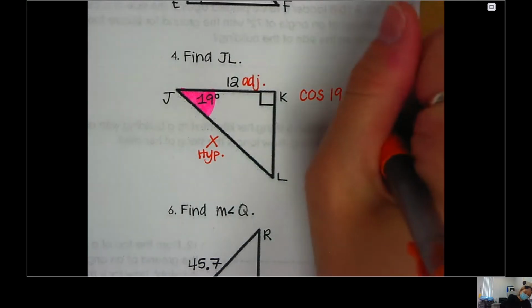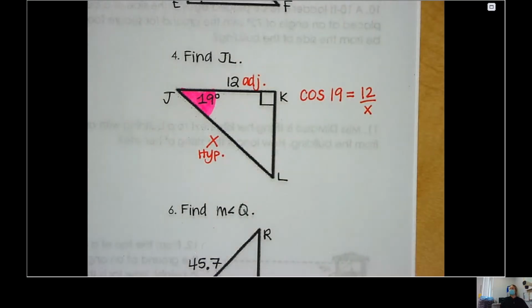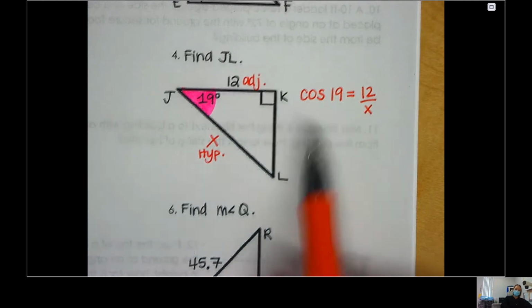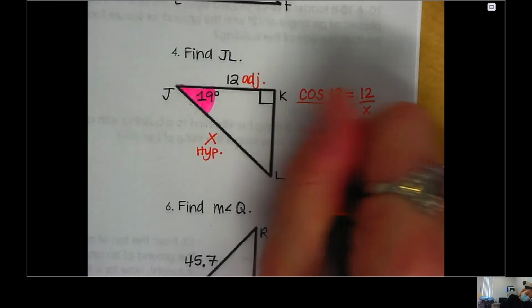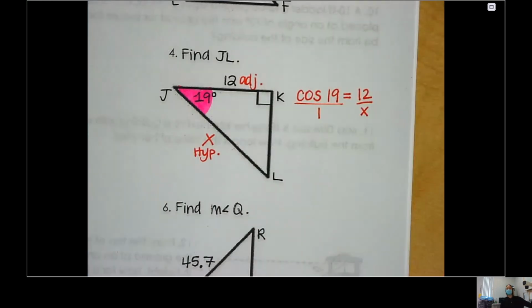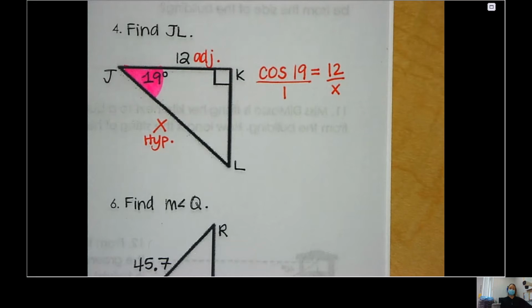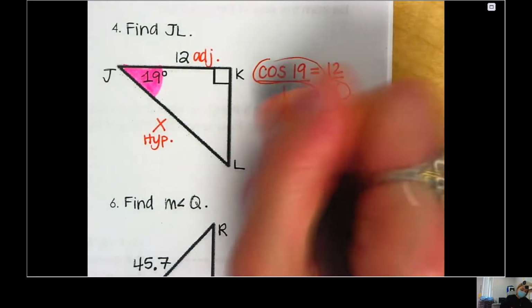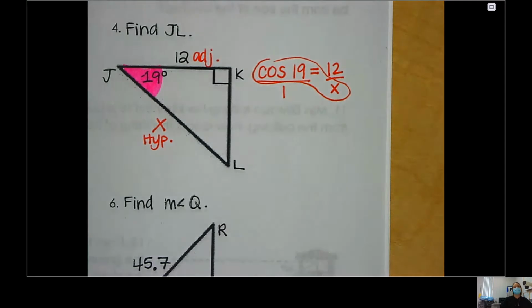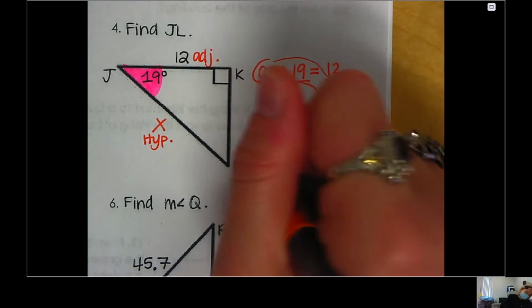Adjacent over hypotenuse. Yay, beautiful. And now we're just cross multiplying to help us solve for x. So what am I going to put under the 19? A 1. And let's cross multiply. What is x times the cosine of 19? Guess what? It's just x times the cosine of 19.